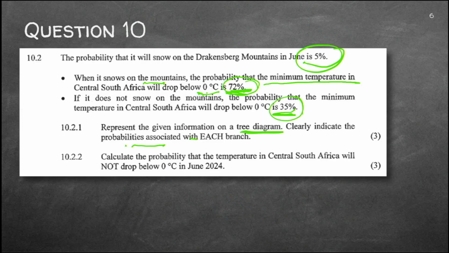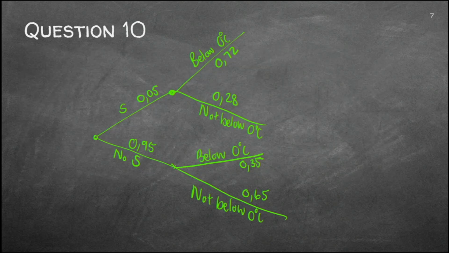Let's go back. Calculate the probability that the temperature of the central South Africa will not drop below 0 degrees Celsius in June. So we're looking for all the branches where it won't drop below 0. So if we look, it would be this branch and then this branch.